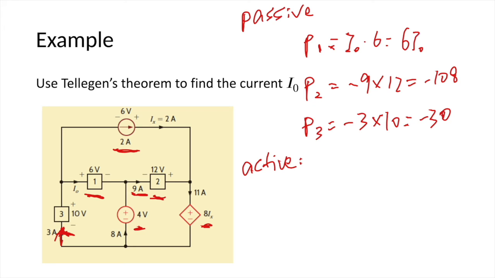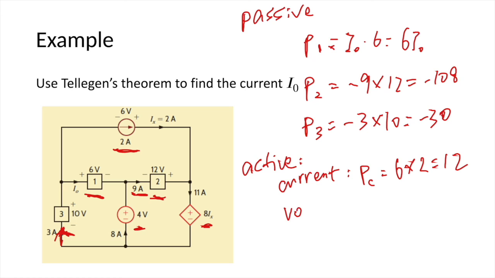So let's calculate that. For the current source, PC: we can see that it satisfies the active sign convention, right? So the voltage is 6 volts and the current is 2 ampere. So 6 times 2 equals 12.